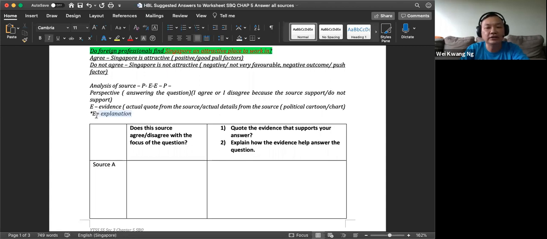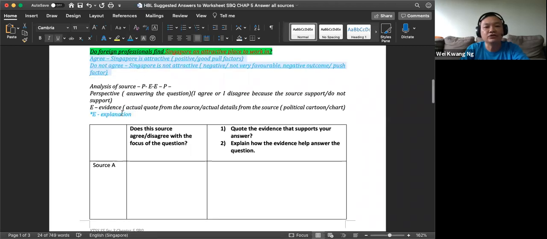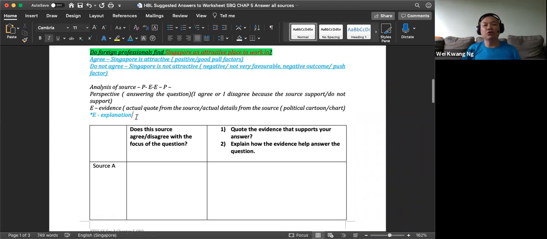The explanation has to be, I'm going to change it to another color for you, the explanation over here must answer this part, which means you must be able to tell me, based on the content, does it show that it's negative? Because it's negative, therefore Singapore is not attractive to foreigners, or because it's positive, therefore Singapore is attractive to foreigners. So far, so good.